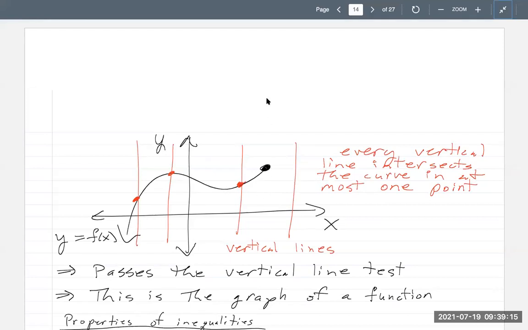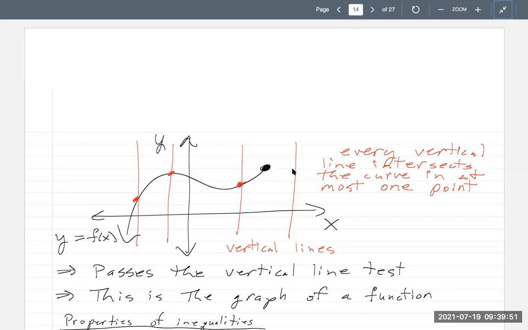If instead every vertical line intersects the curve in at most one location. So again, this is a curve relative to some coordinate system. If I take this vertical line, I see it intersects at one place. This vertical line intersects at another point. This vertical line intersects at another point. This vertical line doesn't intersect anywhere. But you notice that every vertical line intersects the curve in at most one point.